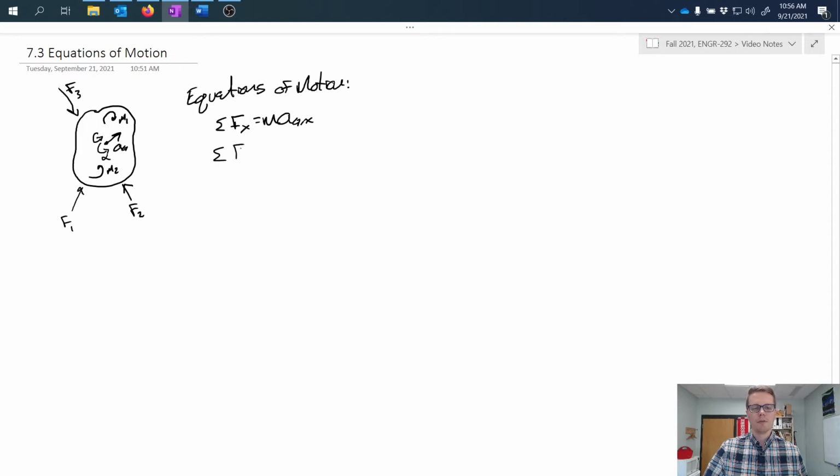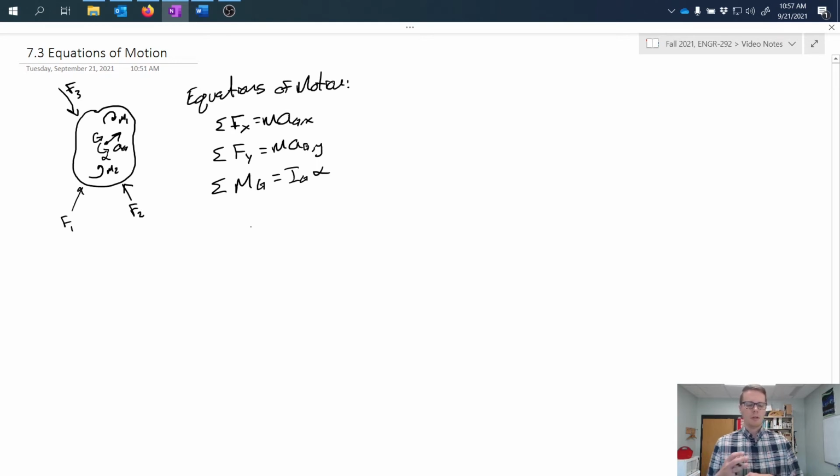We can sum the forces in the y direction and say the same thing in the y direction, and we can sum the moments. Noting here that I've used the moment of inertia with respect to that center of gravity G, and I'm summing the moments therefore around G as well.